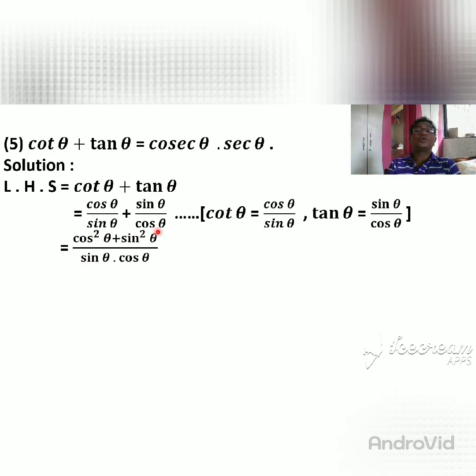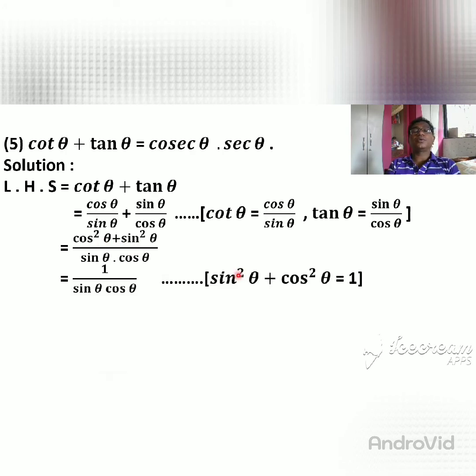Cos theta, so 1 into sin theta... here we multiply sin theta into sin theta, sin square theta. So cos square theta plus sin square theta is equal to 1. So I write here 1.